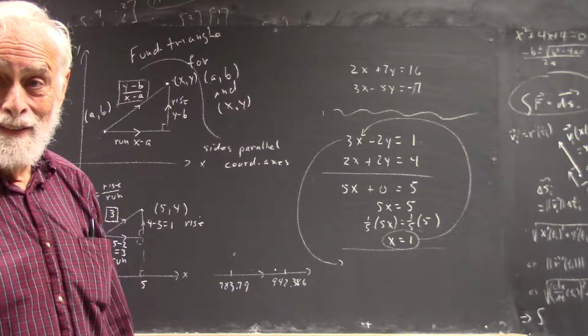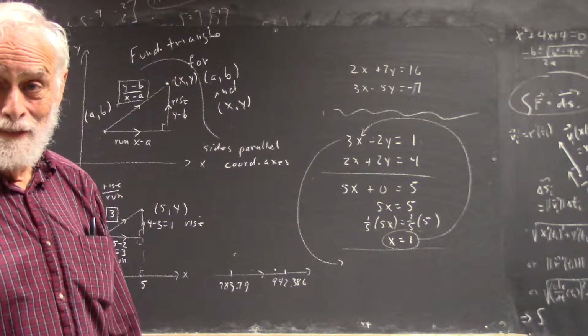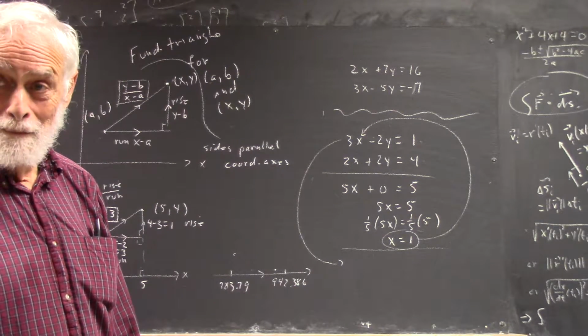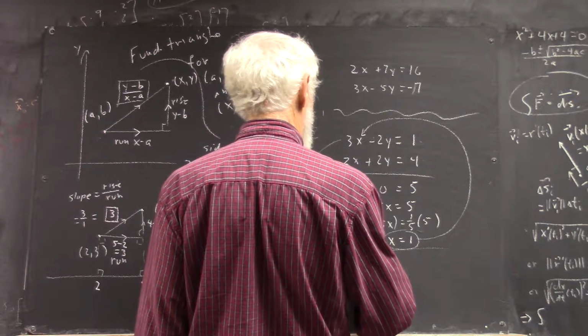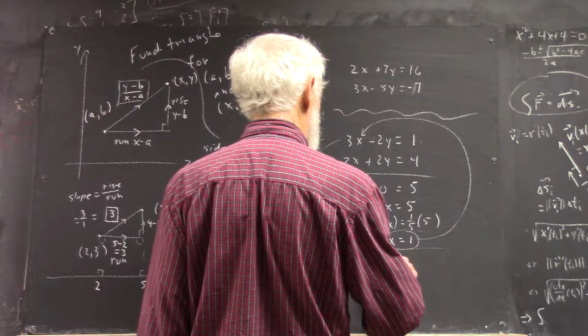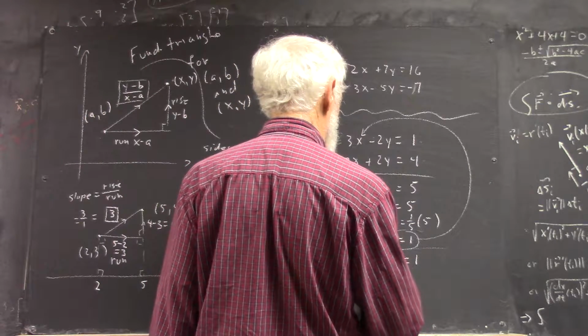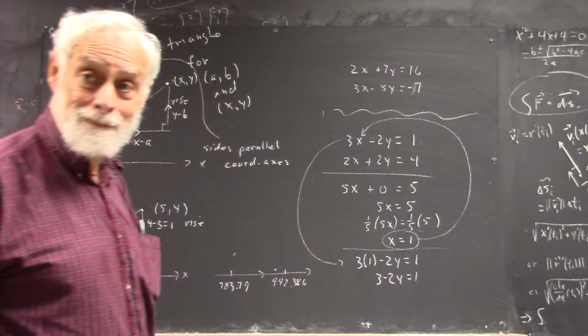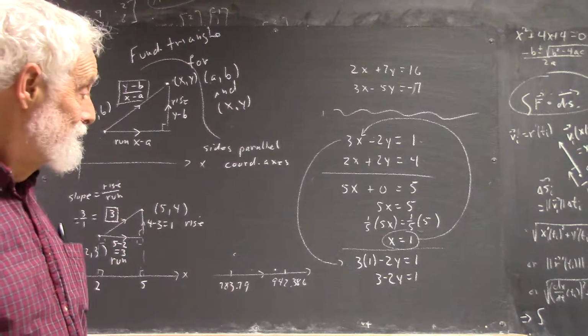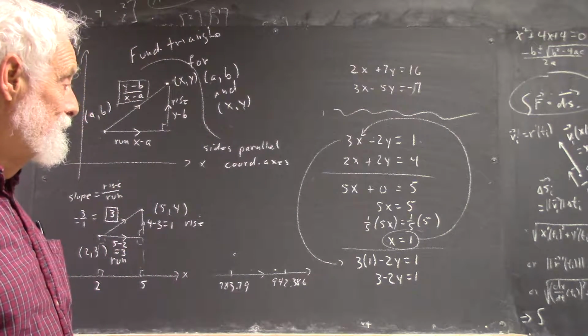So it would just be 3 minus 2... Yeah, you're saying you get 3. I'll write it out. 3 times 1 minus 2y equals 1. Or just 3 minus 2y equals 1, right? Okay, yeah. All right. My mind goes blank until I see it.